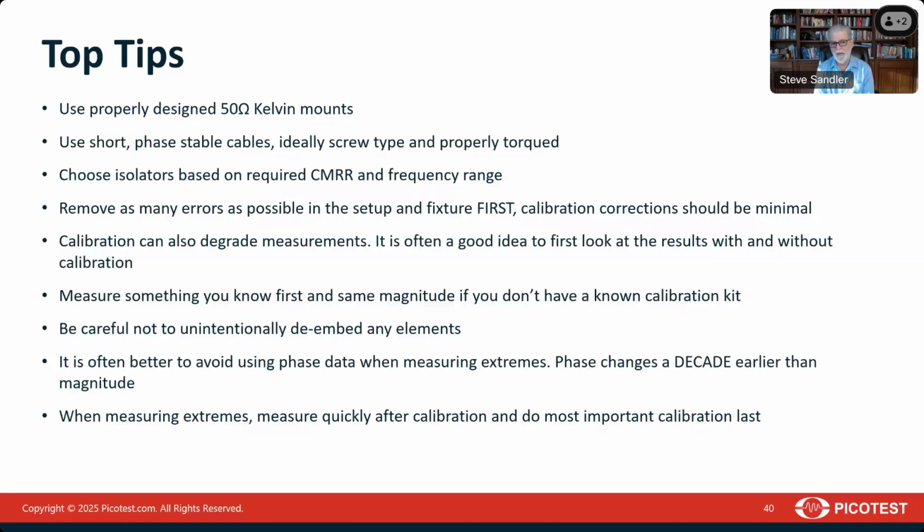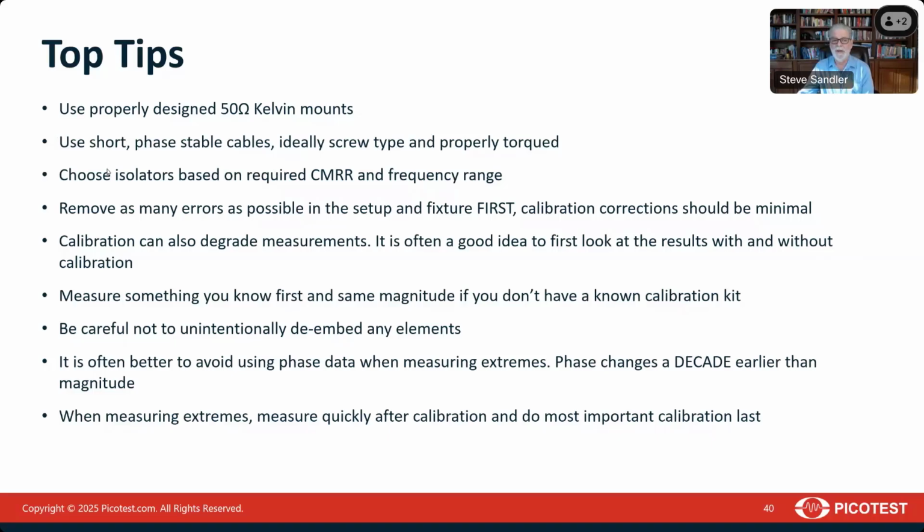One reason is that phase stable cables are pretty stiff, and when we put a wrench on them and turn them, we tend to unscrew the BNC. And so we end up spending a lot of time trying to figure out why our measurement doesn't look right, and it's because the BNC got unscrewed. Also, we can't torque a BNC connector, so contact resistance can be variable. So we generally prefer not to use BNC for our highly accurate high-frequency measurements.